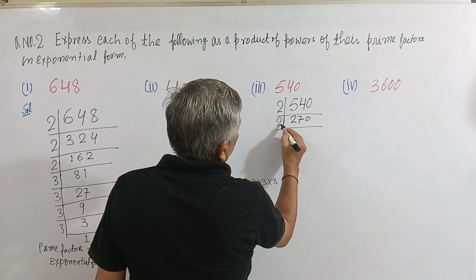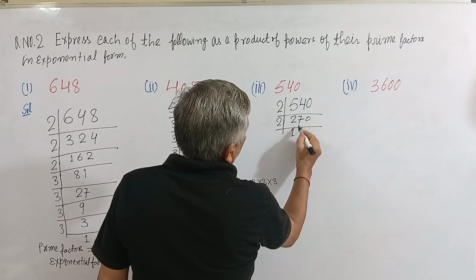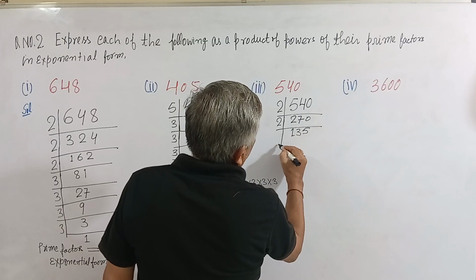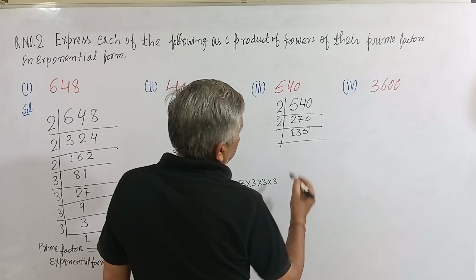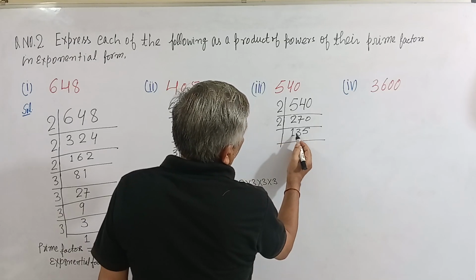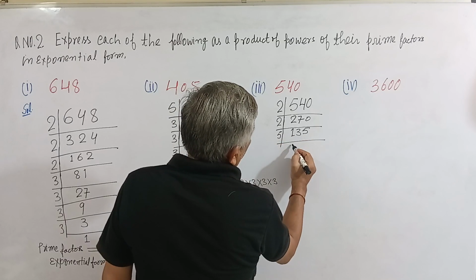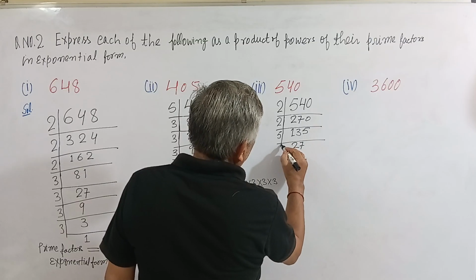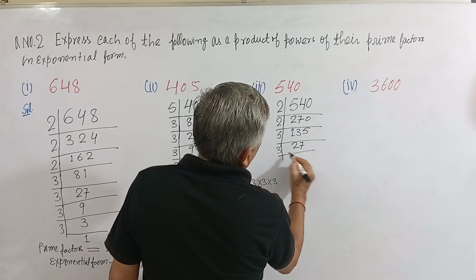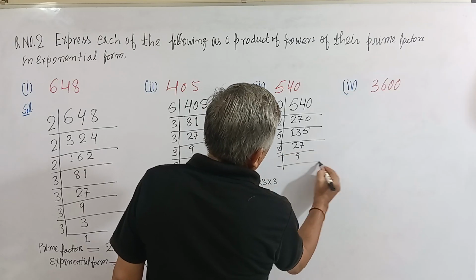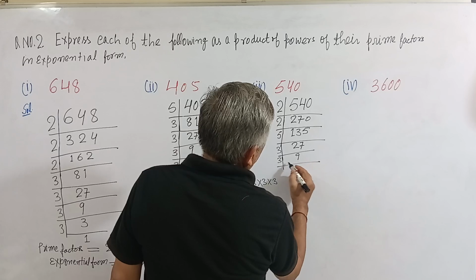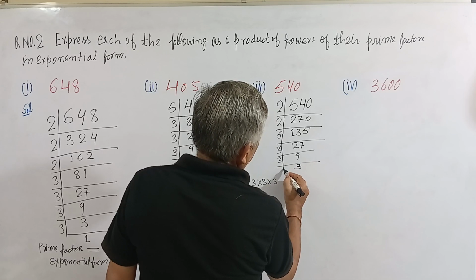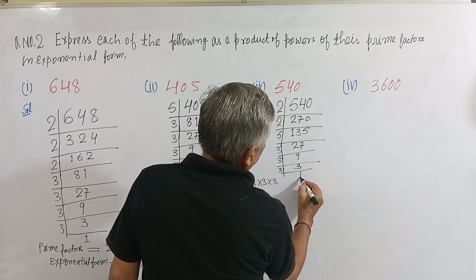Then again with 2, 2 1 ja 2, 2 3 ja 6, 2 5 ja 10. Now this will be divided by 5. 5 2 ja 10, then 35, 5 7 ja 35, 3 9 ja 27, 3 3 ja 9. So here it is 1.